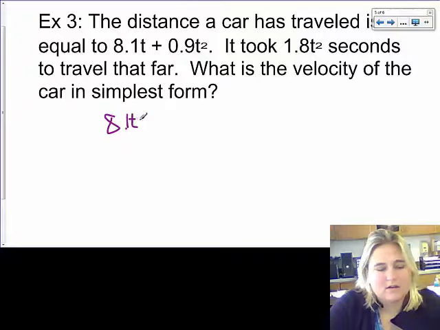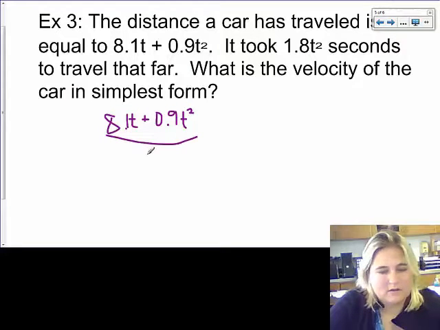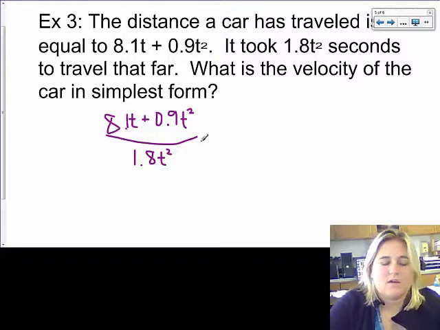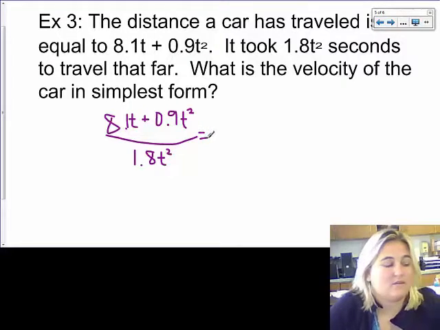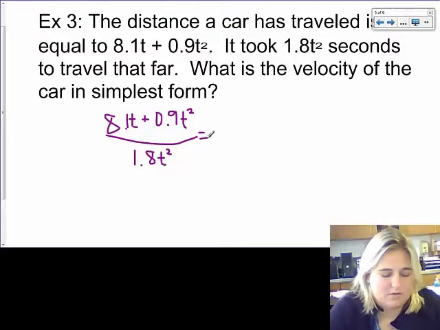plus 0.9t squared, and I'm going to divide it by 1.8t squared. So on the top, I can factor a 0.9 out of both.